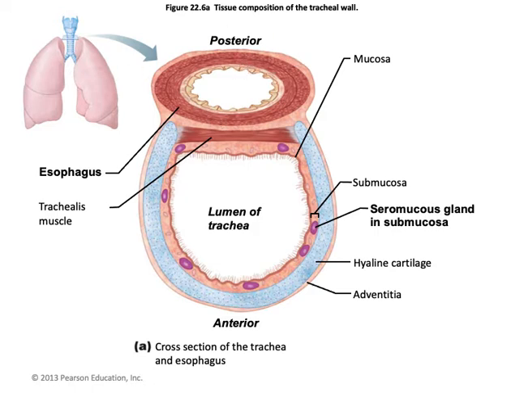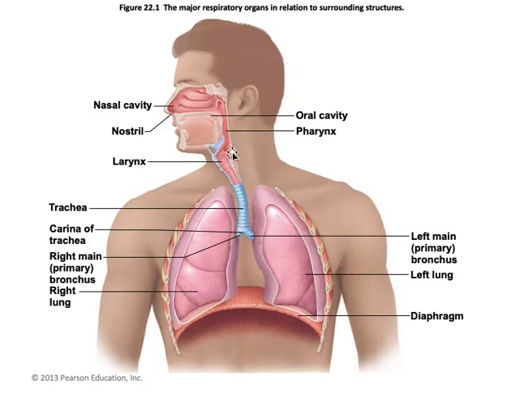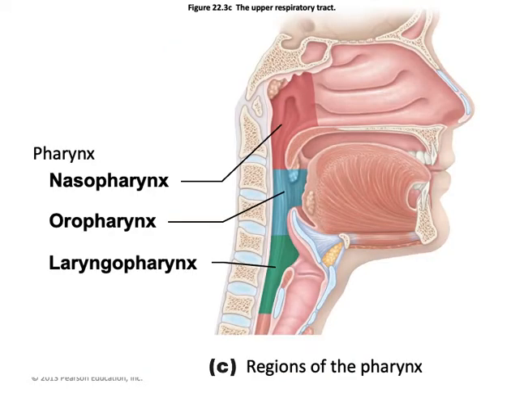Again, taking a look at here, it's just hinted at. There's your esophagus on the posterior edge, and here's your trachea anteriorly. This is a figure that shows the nasopharynx, oropharynx, and the laryngopharynx.